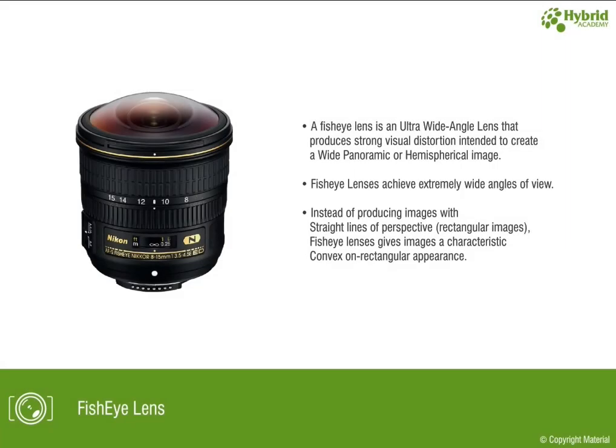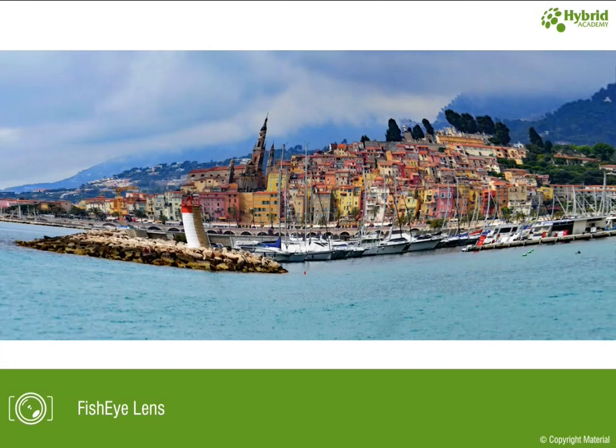Finally, the last category of lenses is the fisheye lenses, which offer exceptionally low focal length and an extremely wide angle view, due to which the photograph looks creatively curved, giving a different perspective altogether. Here we can see how the same landscape is captured with curved sides using the fisheye lens.